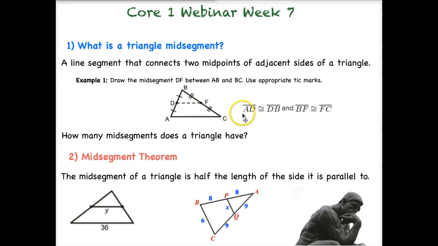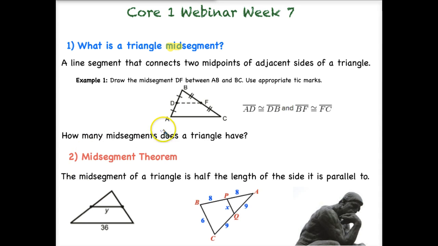All right, so what we're going to do is answer, what is a triangle midsegment? So right now you should be thinking in your brain, hey, mid, that sounds really familiar. And you studied some things in the first week of this unit that were the midpoint. You found midpoint. So a midsegment is really the midpoint of the different sides.